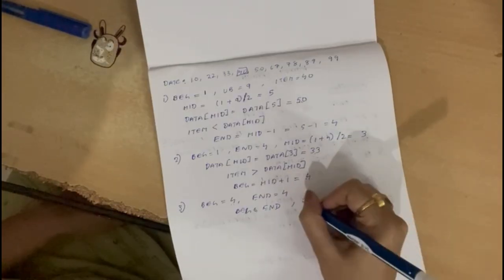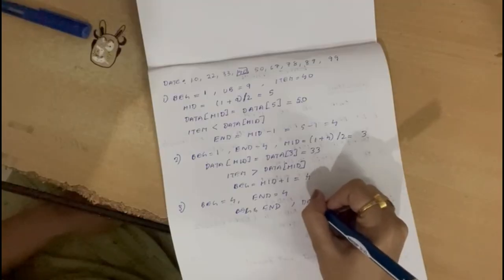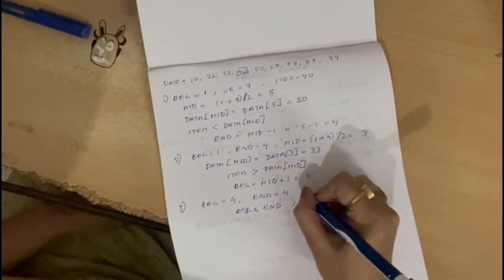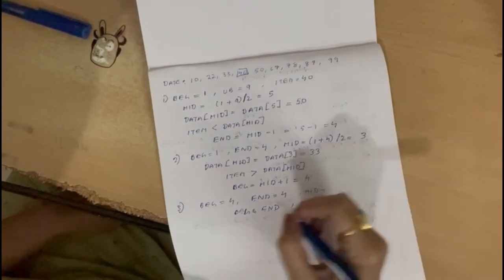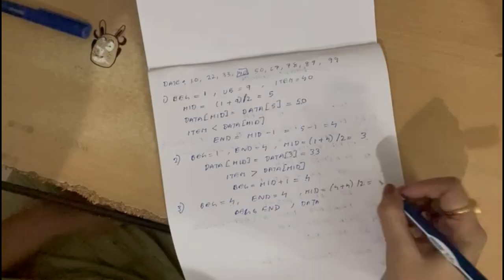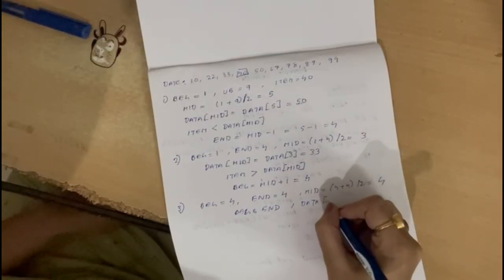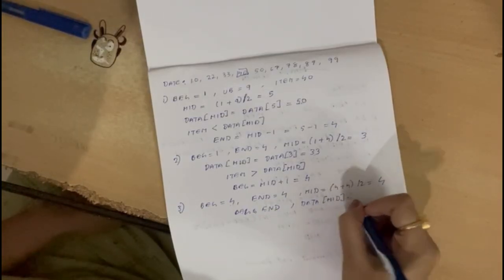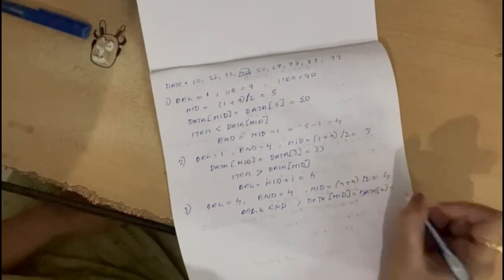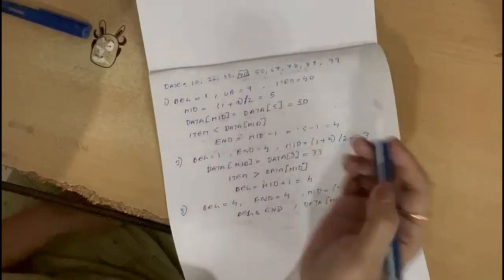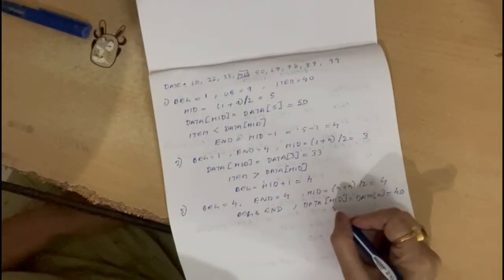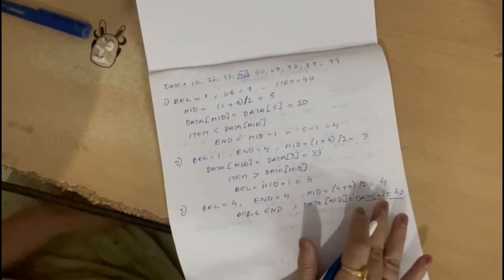We have forgotten to calculate mid equal to 4 plus 4 divided by 2, so 4. Data at mid of 4 is equal to 1 2 3 4, 40. So it means we have got our item that we are trying to find, right?